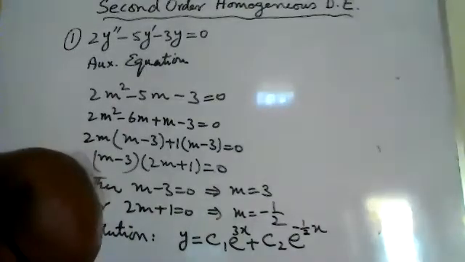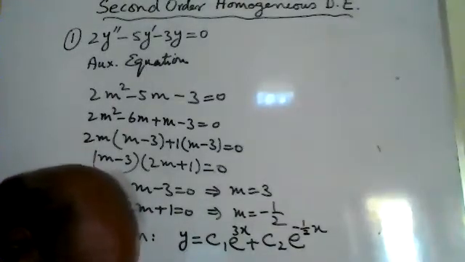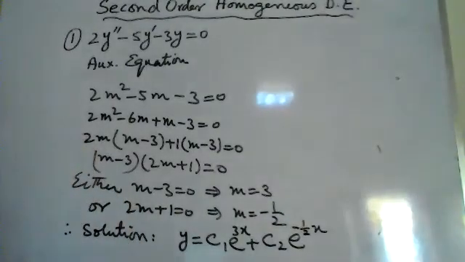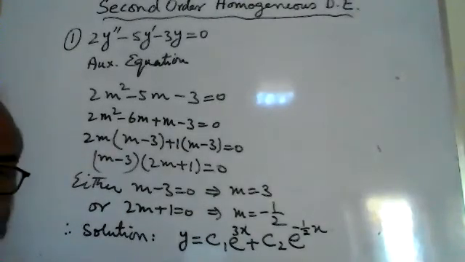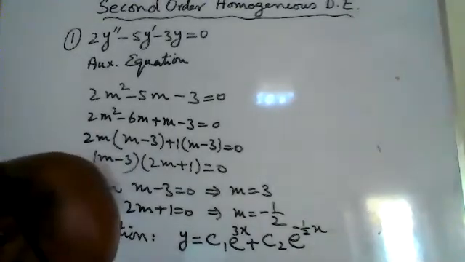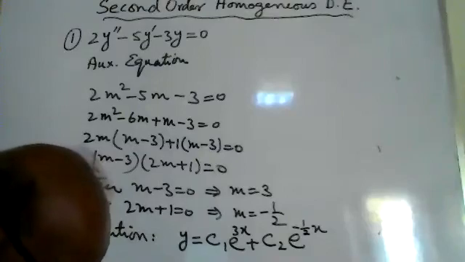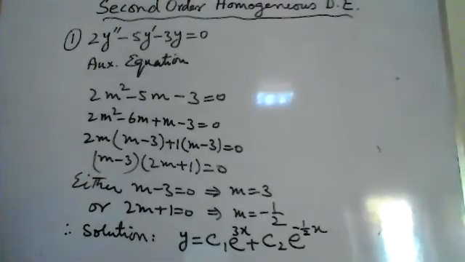The second question: y double dash minus 10y dash plus 25y equal to 0.